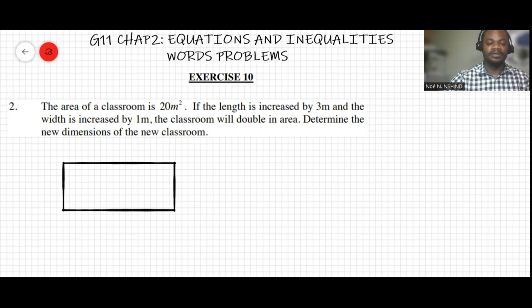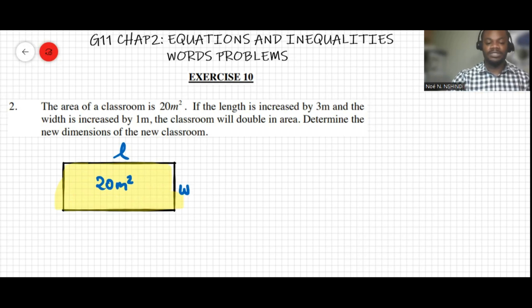This area is 20 meters squared, and the length was just, let's call it L. The width was just W.